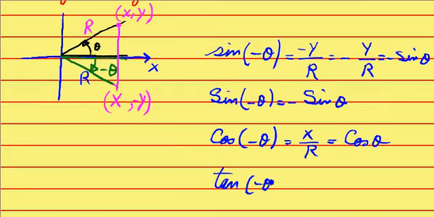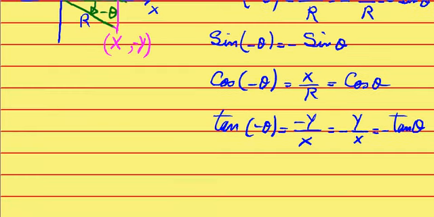Tangent of minus theta, tangent of this angle, is its y coordinate, which happens to be minus y, over its x coordinate, which is x. This is minus y over x. Well, y over x was tangent of theta, so this is really minus tangent of theta. To write it nicely, tangent of minus theta is equal to minus tangent of theta.